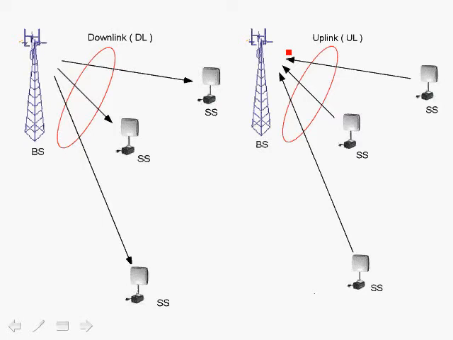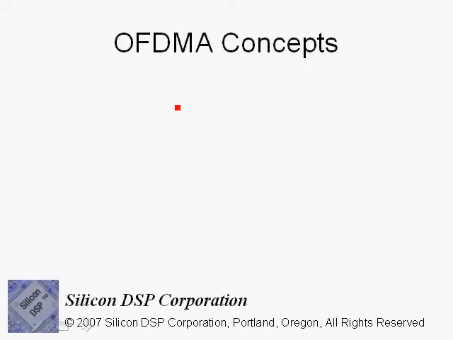That is, if they are received within that cyclic prefix time, they can still be recovered with no problem, which is very good quality here. So the time synchronization we're assuming has been done through ranging, initial ranging. So let's go ahead and proceed and see how the data regions are assigned to the various subscriber stations during the downlink process. We now turn our attention to OFDMA concepts.